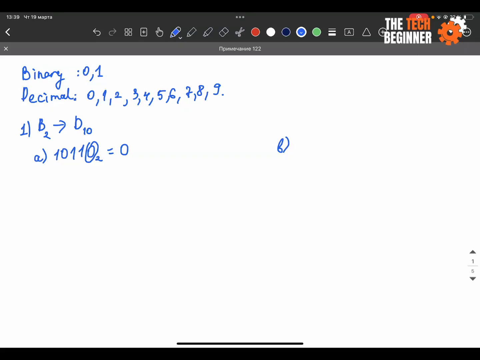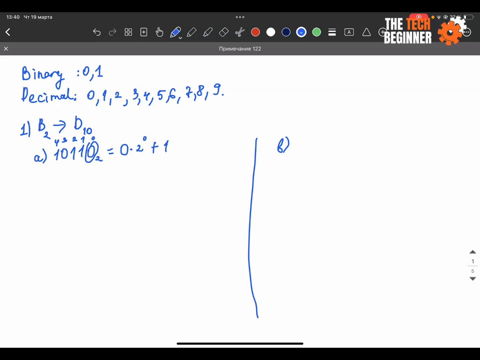The last bit is 0 times the base 2. Why do we use base 2? Because we are converting from binary. Then we put powers starting from 0: this will be the power of 0, this the power of 1, then 2, 3, and 4. We will add everything together.